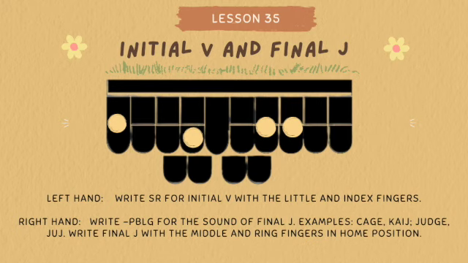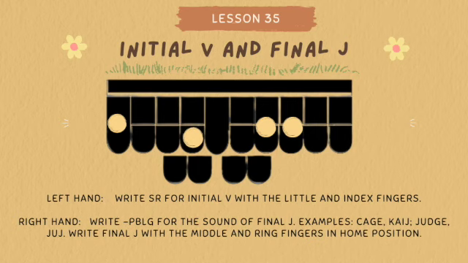So we put our right middle finger on the crack that's between final P and B. And then for our ring finger, we will put it on the crack between final L and G. So we press them simultaneously, and that makes final J.